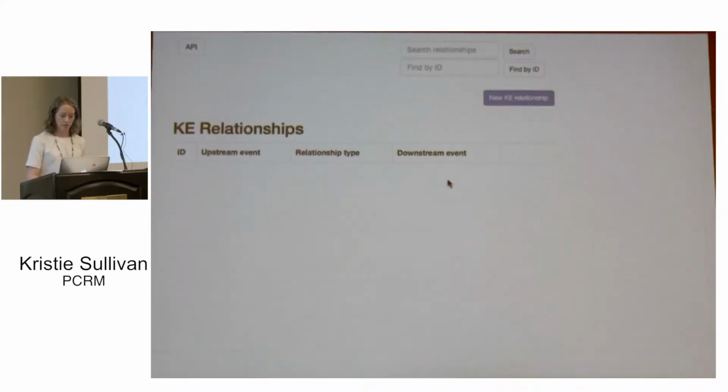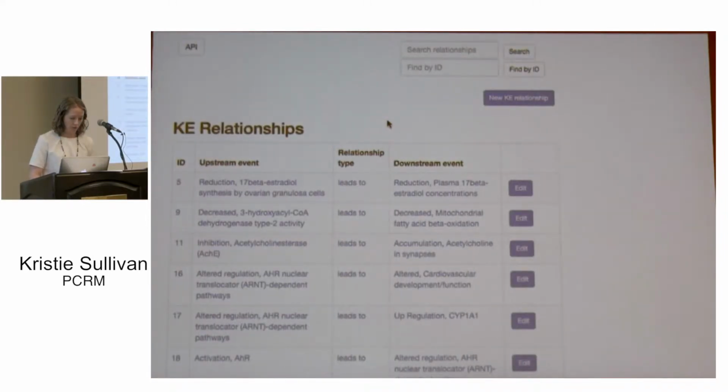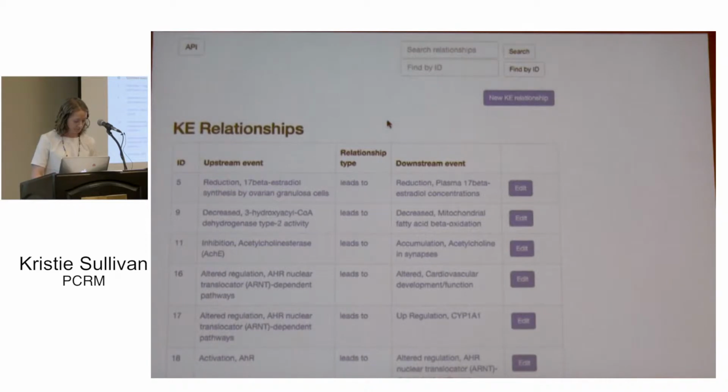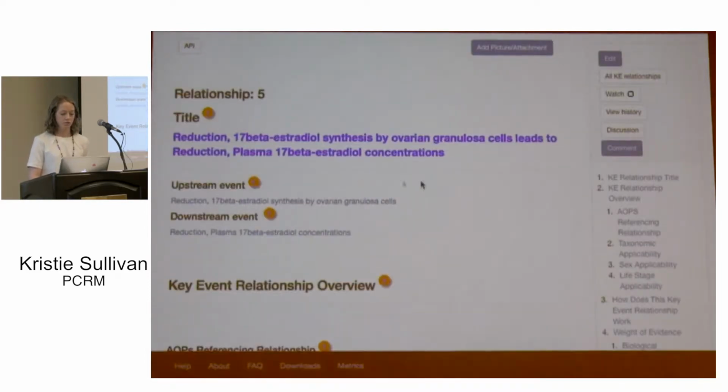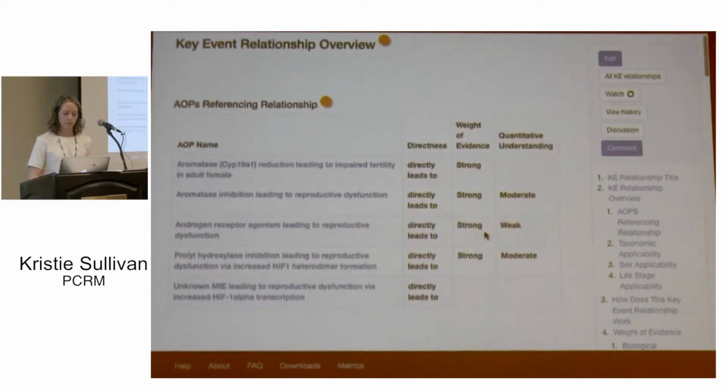I'm just going to give you a quick tour of a key event relationship as well. If you click on these, you'll go to the key event page. But if you click on leads to, that is the key event relationship. There are several AOPs that have this relationship in them.